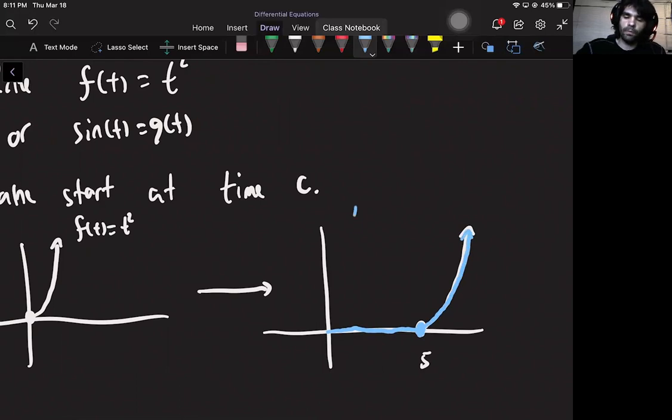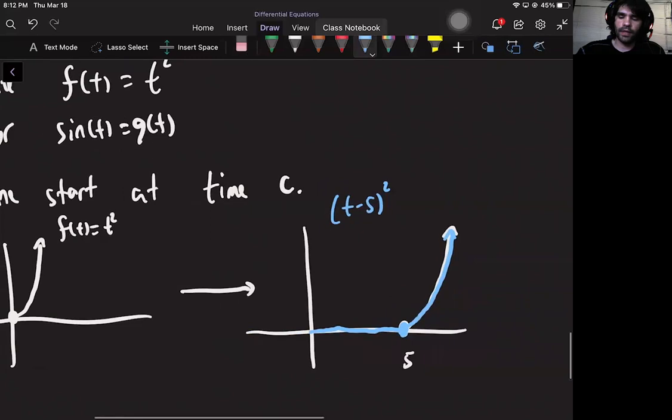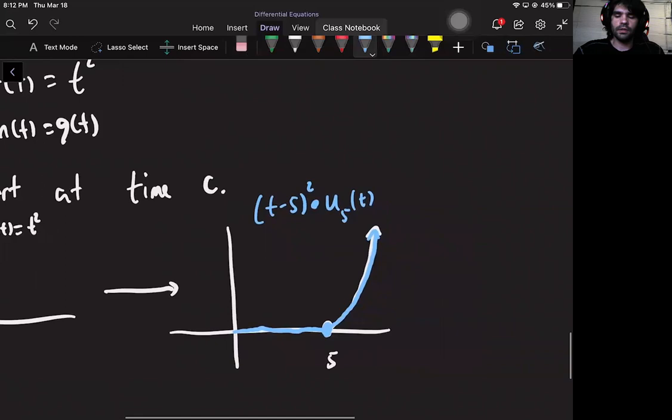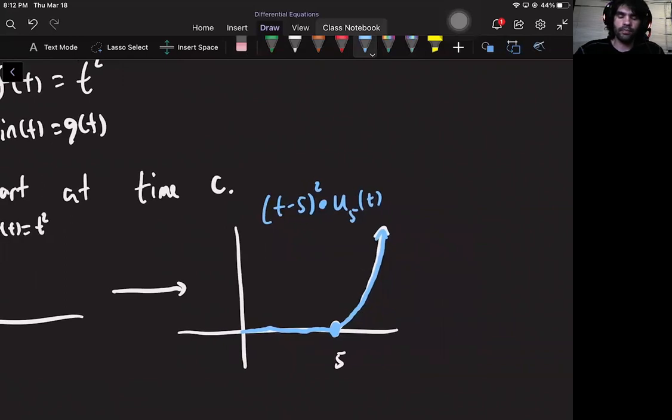Then what I need to do is shift the function to the right by 5 by subtracting 5 on the input. But then in order for it to stay at 0 until that time 5 happens, I need to multiply it by this switch function. So what this is doing is it's saying before you get to 5, everything is just 0. But once you get to 5, it becomes this function.